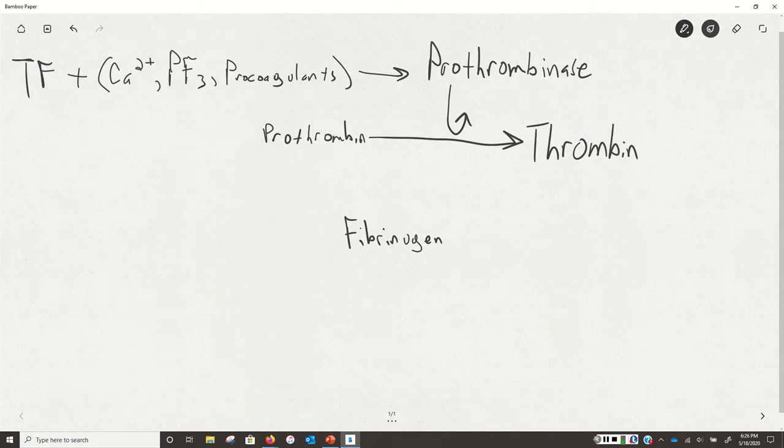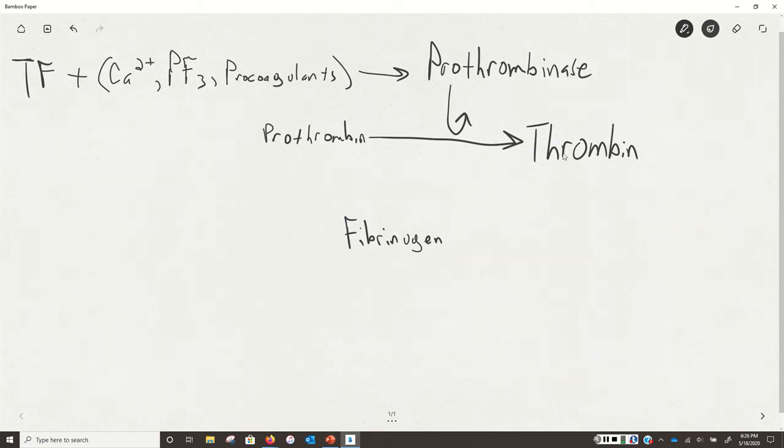This little fishhook means the prothrombinase takes the prothrombin and turns it into thrombin, and the prothrombinase leaves exactly the way it was to begin with. The prothrombin was converted into thrombin, but the prothrombinase did not change. It's there to do it again.